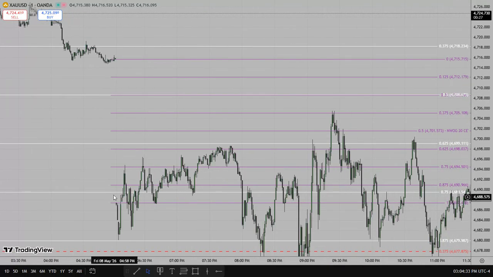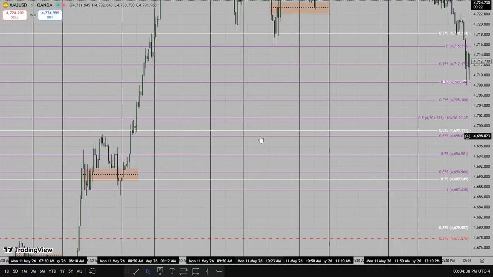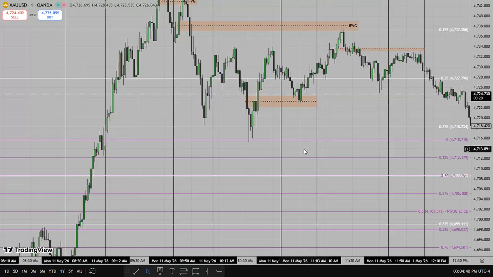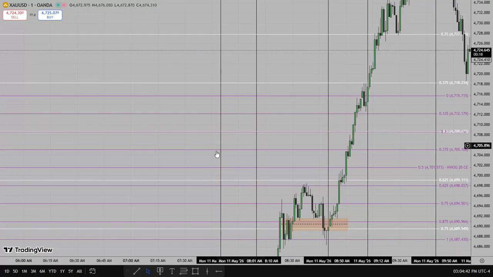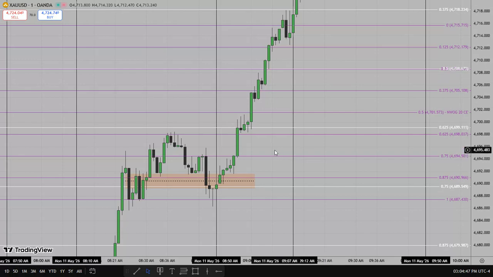So we are going to observe how price is printing on these levels here. My main aim is to show me where price wants to deliver to. So we have this lower level here, 4,687.430. You see price using that.